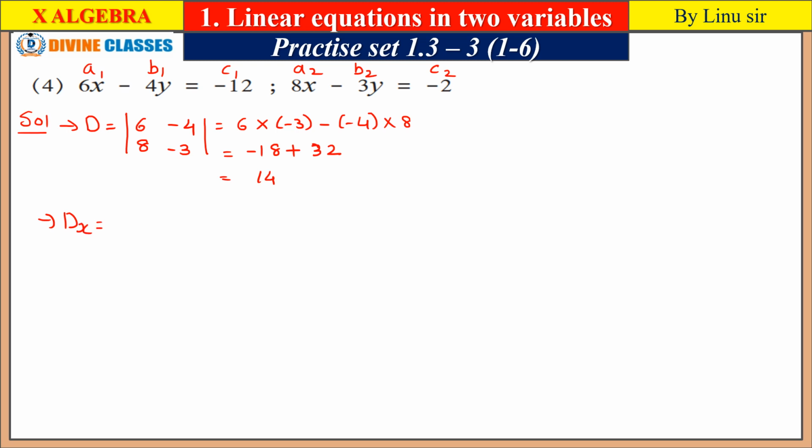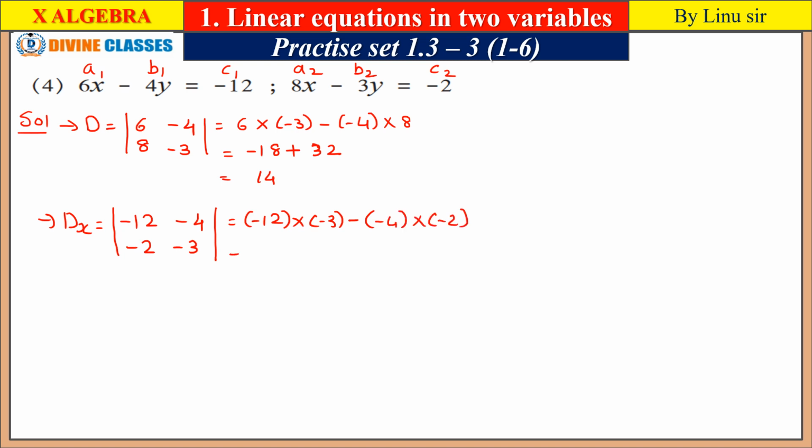Next is Dx, which we will be finding. For Dx we need to write the values of c and b. So first the c value we'll take, that is minus 12, and then b, it is minus 4. From the second equation it is minus 2 and minus 3. So we'll just solve it. It is minus 12 into minus 3 minus minus 4 into minus 2.